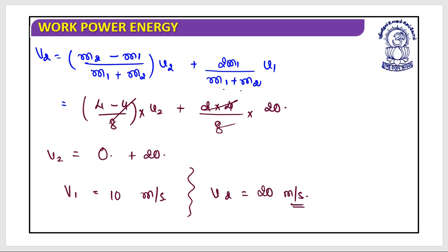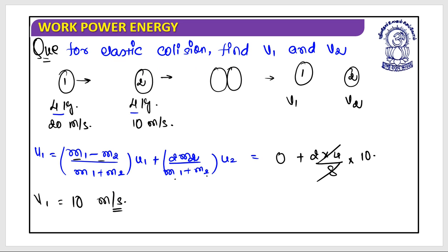Is it clear? So the situation was that initially the first object has a speed of 20 meters per second, and the second object has a speed of 10 meters per second. When they collide and have equal mass, their velocities after collision are that the first body has a speed of 10 meters per second and the second body has a speed of 20 meters per second.